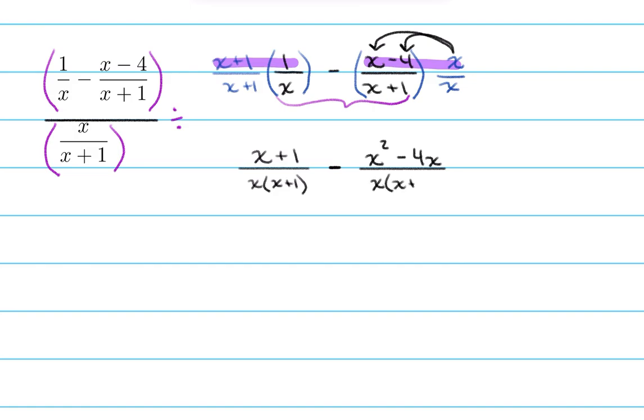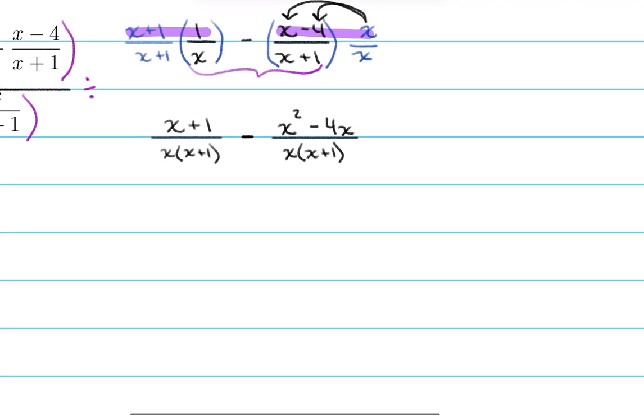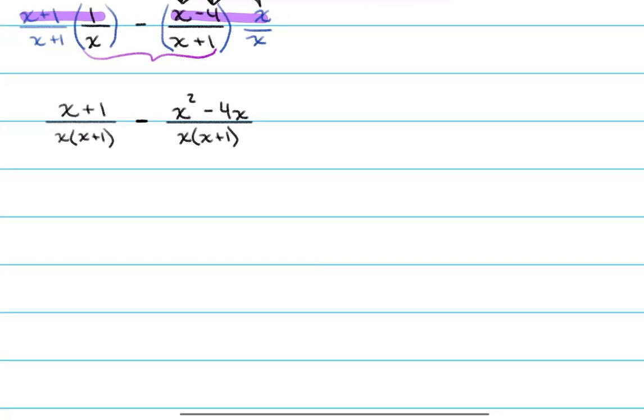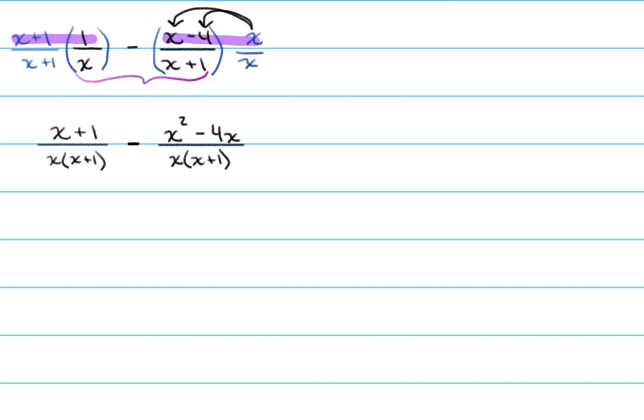Okay. Now we're going to subtract. And what you want to remember here is that you're going to have x plus 1 minus this entire numerator. So it's this entire numerator minus the other one.